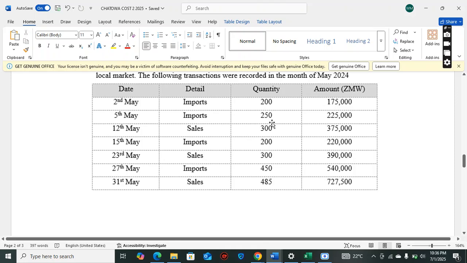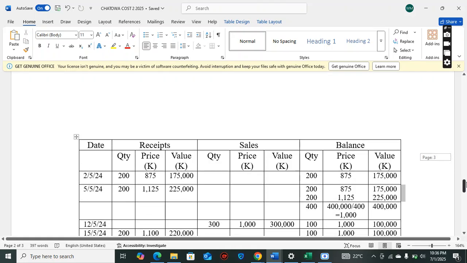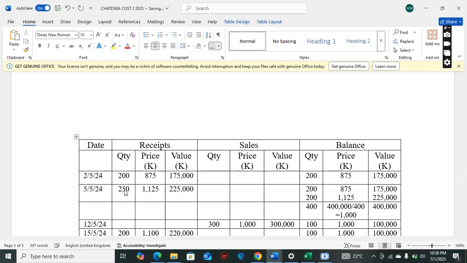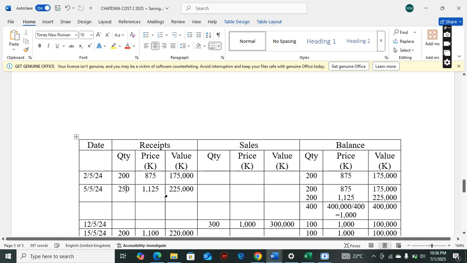Okay, for 5th May, 250 units. So we just have to backtrack a bit so that I correct this error here.